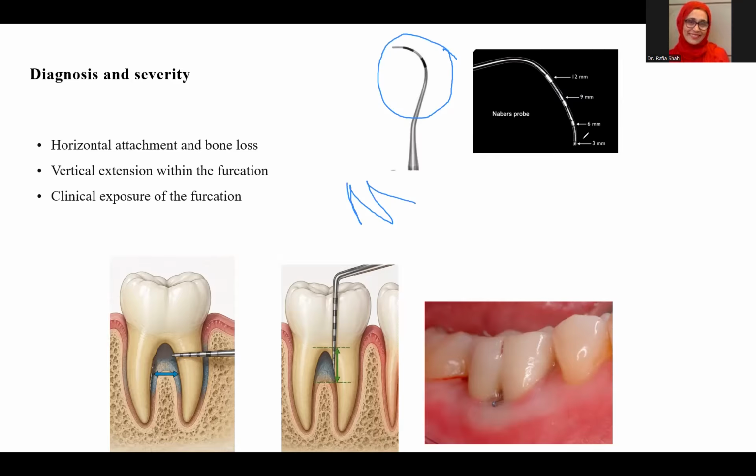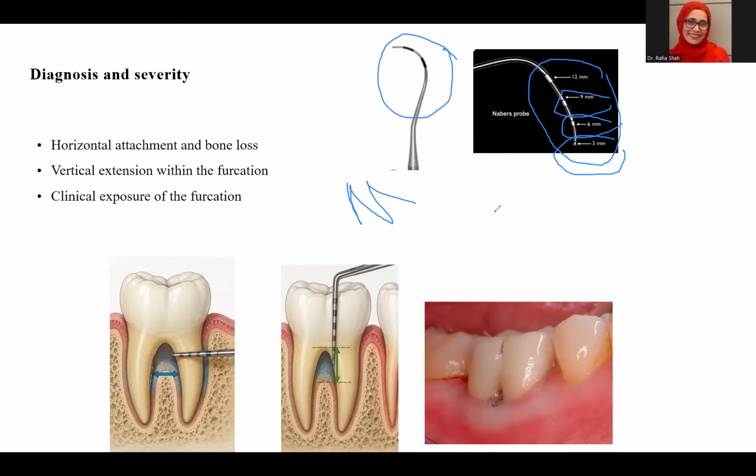The first marking is 3 millimeters. The second marking is a further 3 millimeters added, then a further 3 millimeters, and then a further 3 millimeters. This way, the whole length of the probe is 12 millimeters. Every 3 millimeters has a marking: 3, 6, 9, and 12.